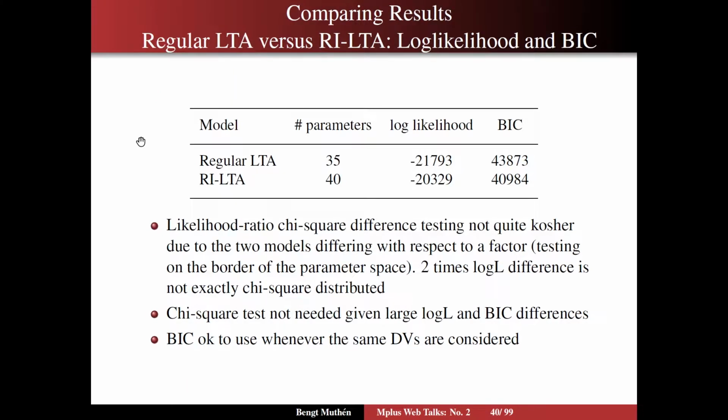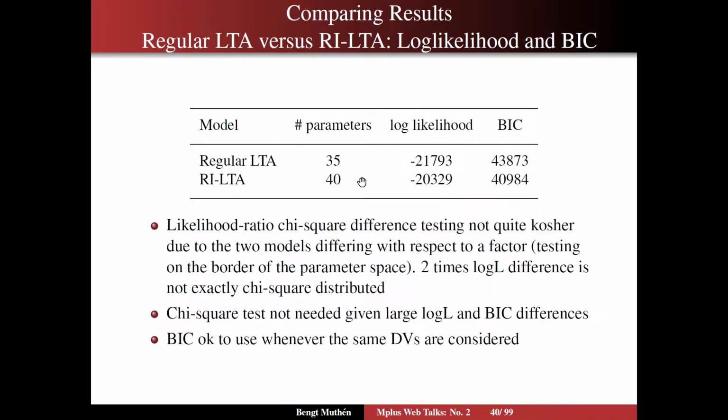On slide 40, you see a simple tabulation for regular LTA and RI-LTA: number of parameters, log likelihood, and BIC. We see that RI-LTA has 5 more parameters than regular LTA.